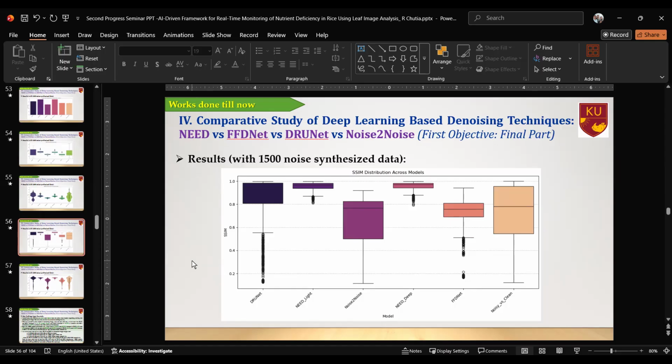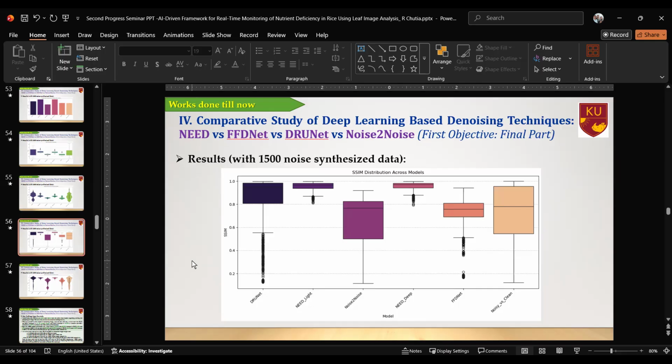But with the help of the NeED-Light and NeED-Deep models, we have observed that the images with SSIM of around 0.12 were improved to a higher range like 0.8 or 0.9, and PSNR like 12 to 13 to 30 or 40.